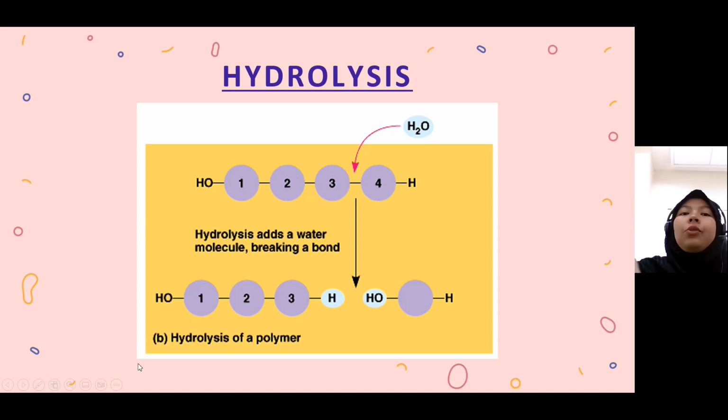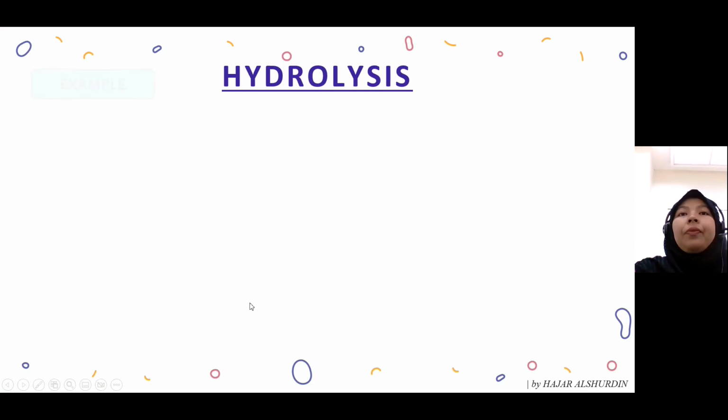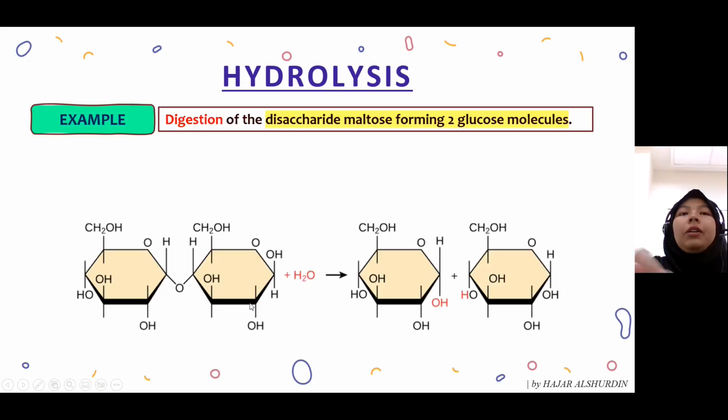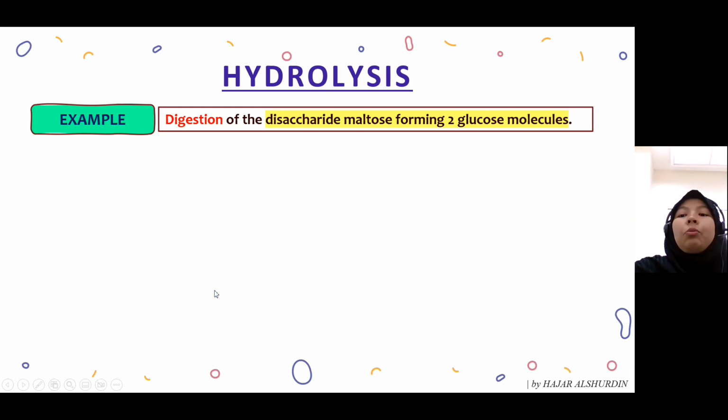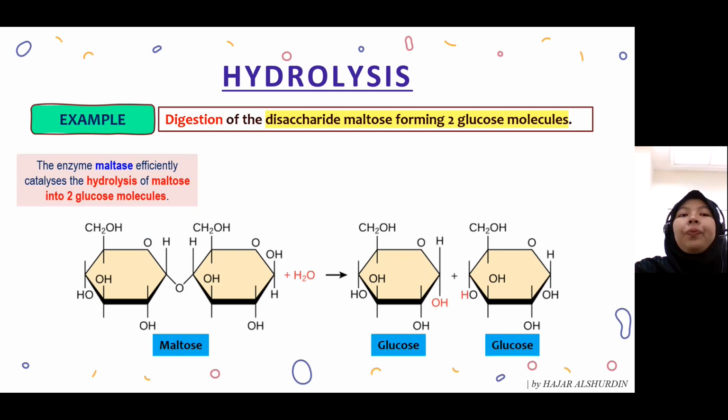The polymer now breaks into two monomers. An example is the digestion of the disaccharide maltose into two monomers of glucose.